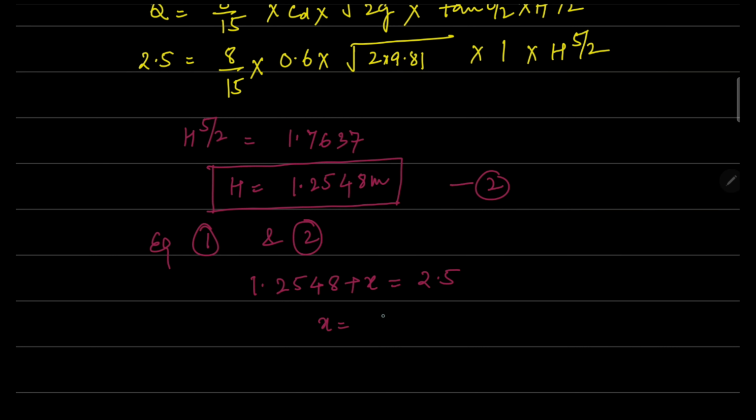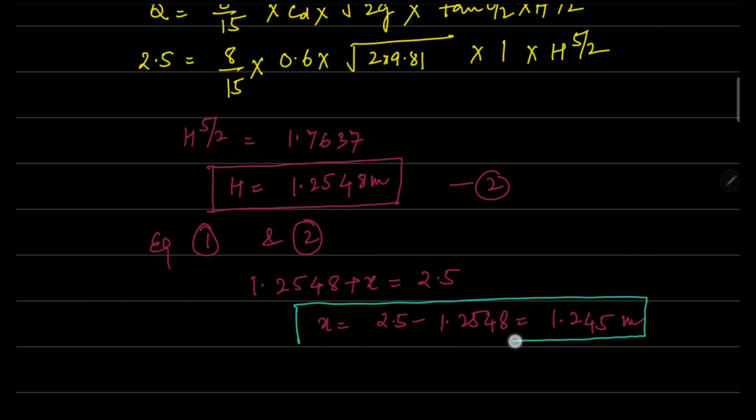So x is 2.5 minus 1.2548, that is coming out to be 1.245 meter. This is our answer, that this is the position of the apex of the notch from the bed of the channel.